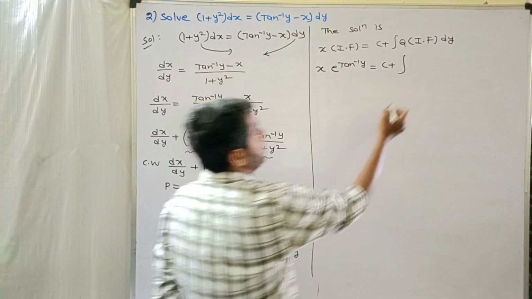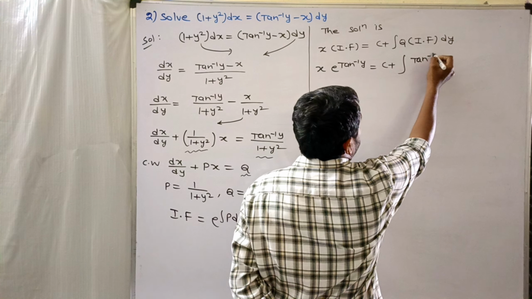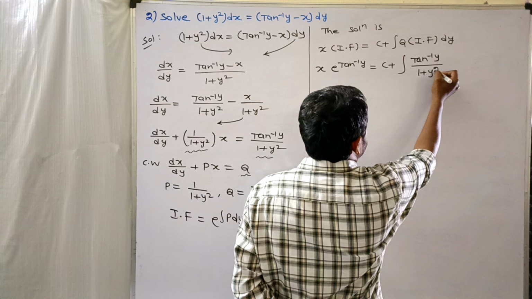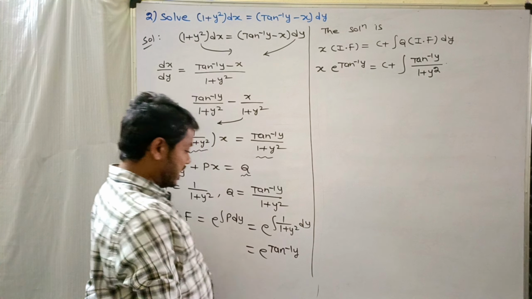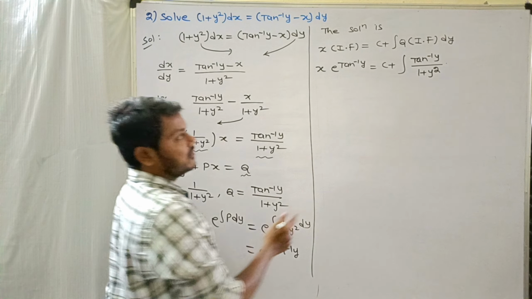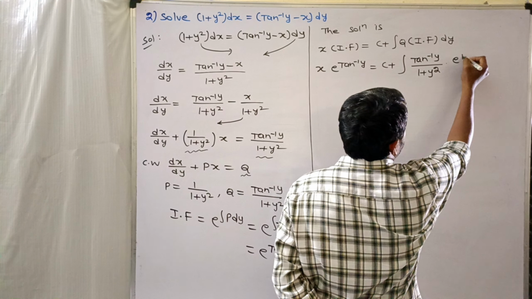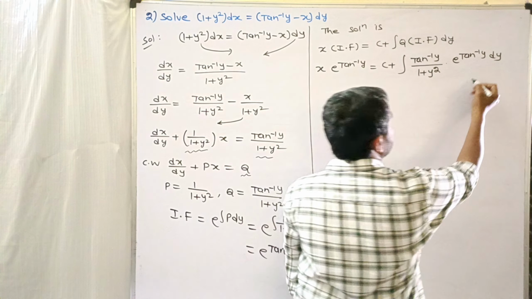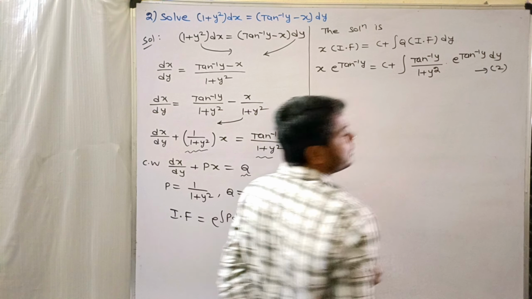Tan inverse y by 1 plus y square into integrating factor e power tan inverse y dy. This is equation 2.